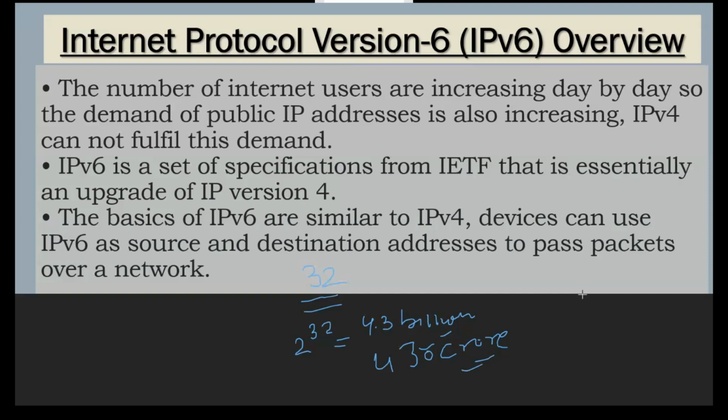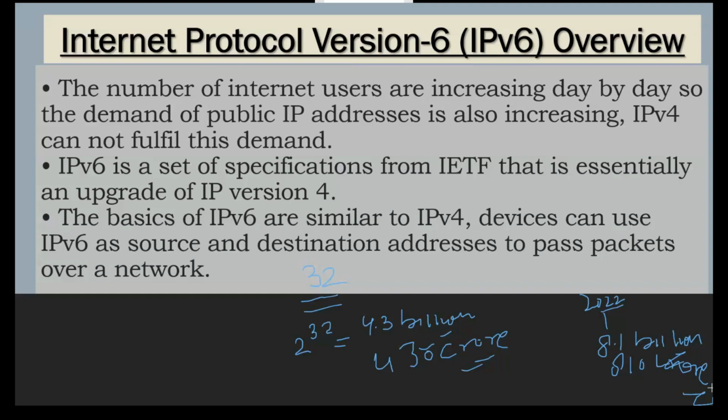But according to 2022, the world population is around 8.1 billion, which means around 810 crore. That much population is there, and now everyone uses the internet and everyone has more than one device.